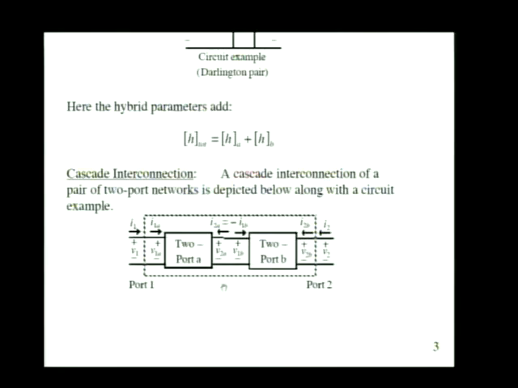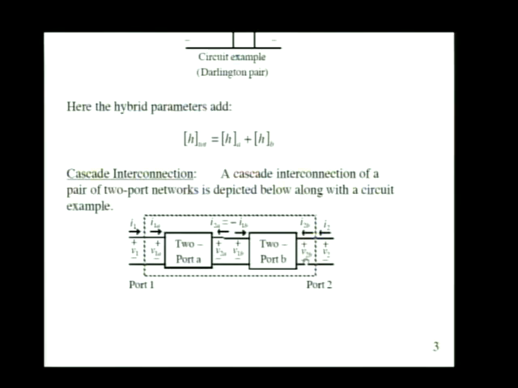There's two-port A. Its port 1 terminals and port 2 terminals connected directly up to two-port B. Its input terminals, or port 1 terminals I should say, and port 2 terminals for two-port B.